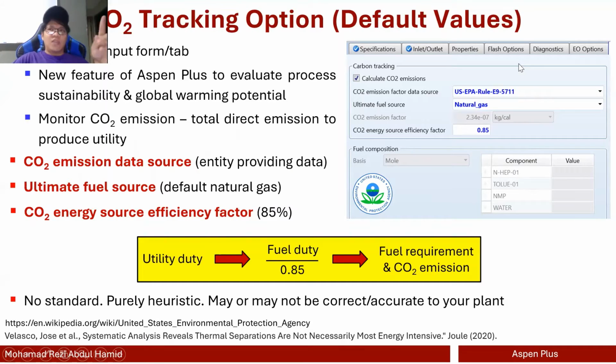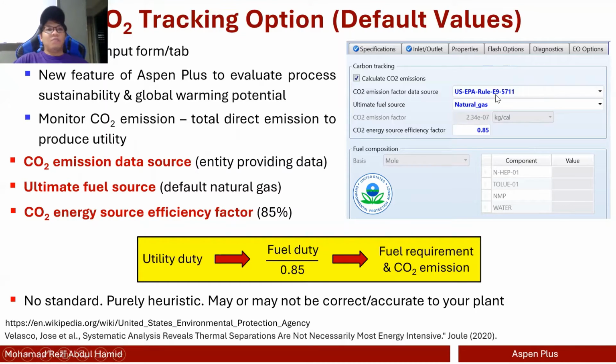So if you use the utility option in Aspen Plus, you will see something like this. This is under carbon tracking or CO2 tracking, where you will have a CO2 emission factor data source, and here you will have the United States EPA, Environmental Protection Agency rule.